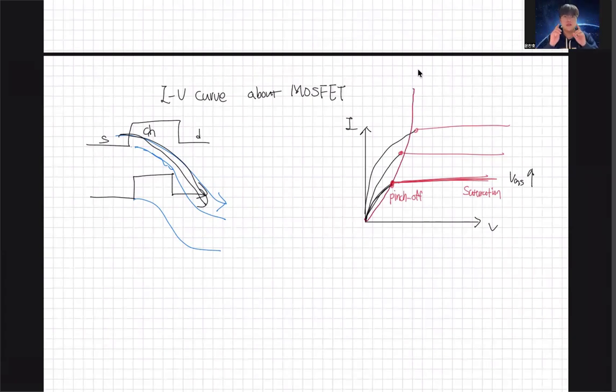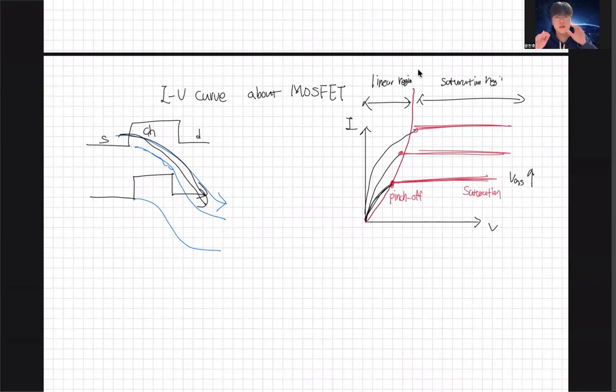And we can also notice one thing: in the saturation region, the MOSFET can be used like a current source. And this region is the linear region, and here is the saturation region.